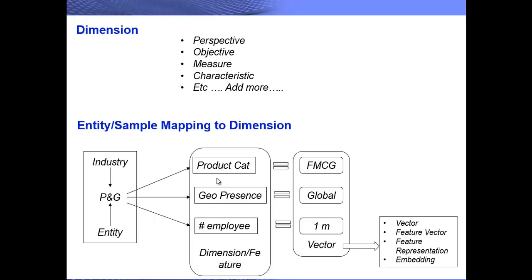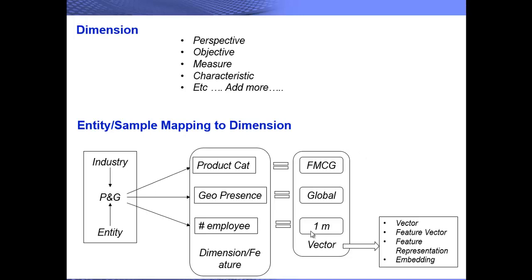Okay, so all the 3, that means if the Procter and Gamble company has been mapped or projected onto these 3 dimensions, the product category dimension will give a value FMCG, because it's fast moving consumer goods it produces. Its presence is global, okay, it is all over the world, and if they have employees, let's say, I don't know the exact number, but let's call it 1 million, 10 lakhs.